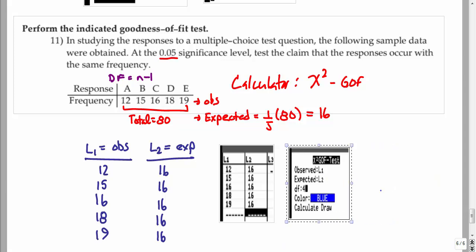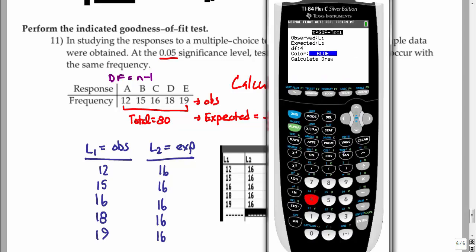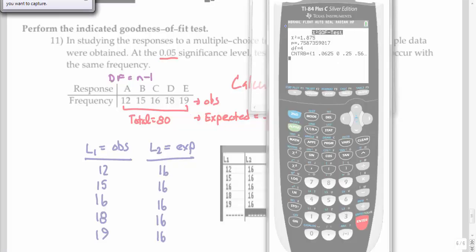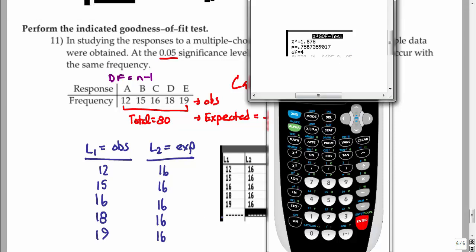Okay, now my next step will be to actually go through the calculation. It gives us some information that we don't necessarily want or need, but we get our p-value out of here.